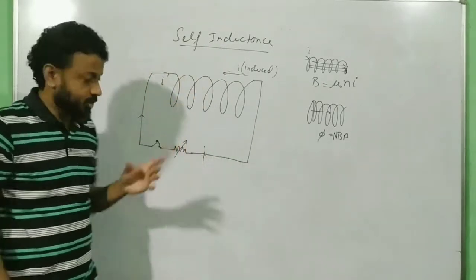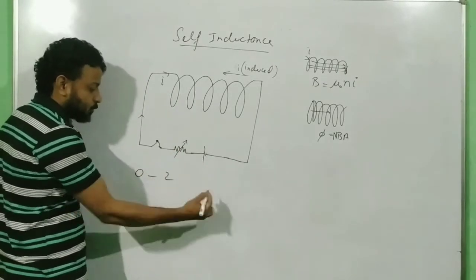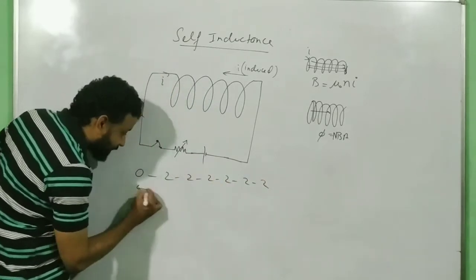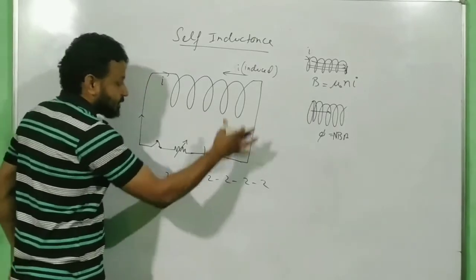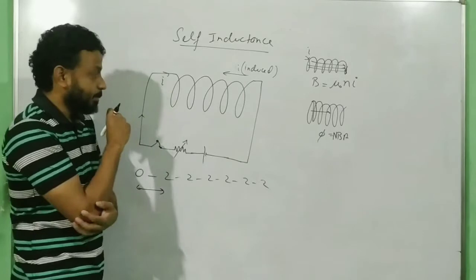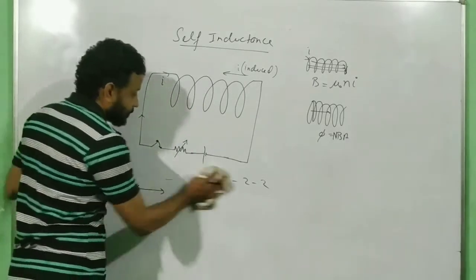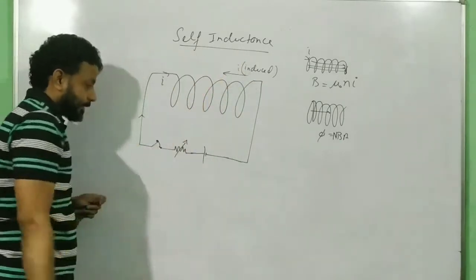Change is there. It's just like this: from 0, let us say it attains a value of 2, and then it remains 2, 2, 2, 2. So a change is happening here, 0 to 2, and after that there is no concept of induced current or induced EMF. So this happens just at the time of switching on the circuit, and it opposes the cause. Now, second thing.